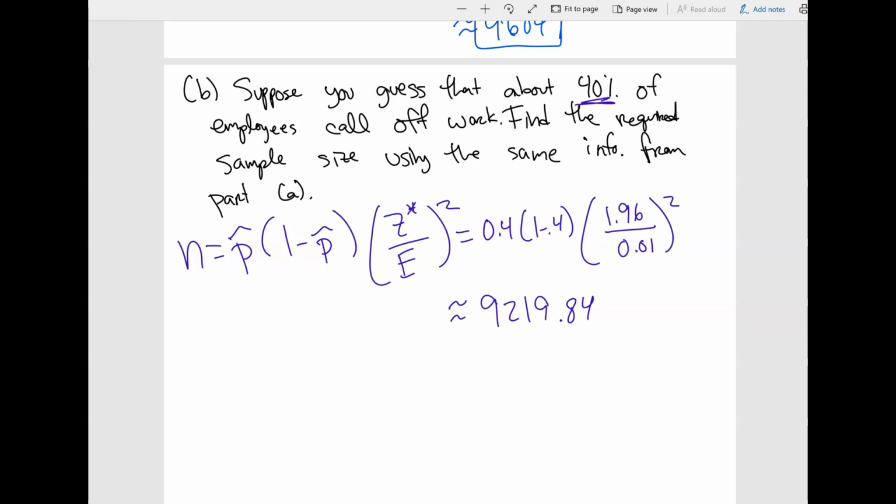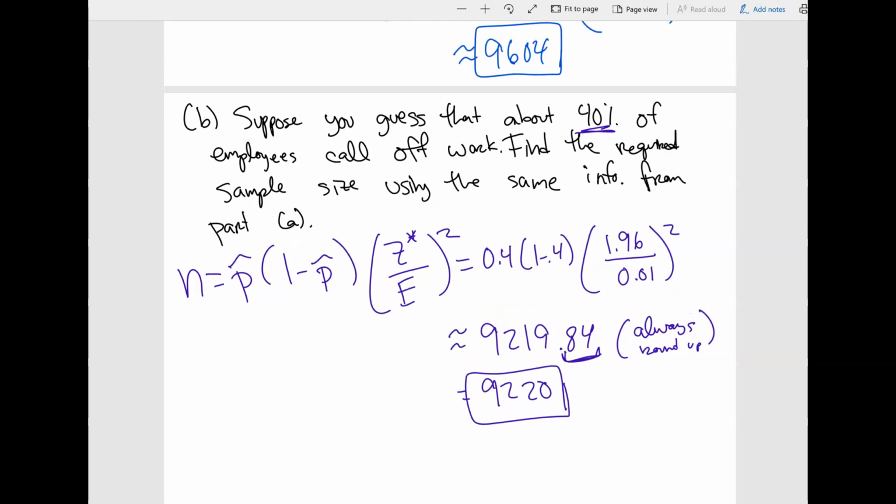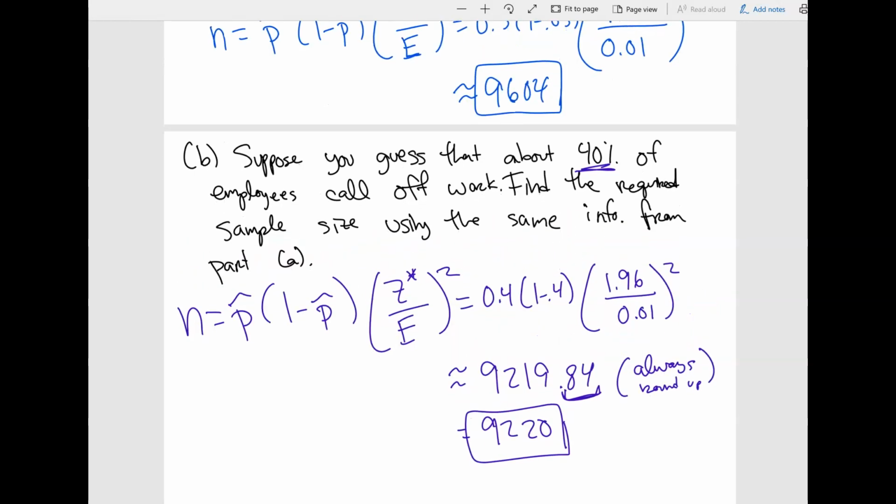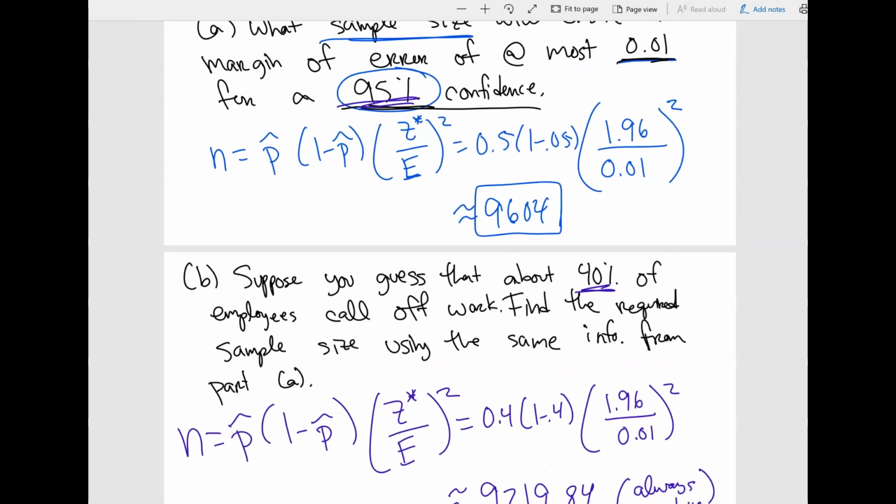Now, because we're talking about samples, you always want to round up. So even if you have a decimal here, you always round up. So in this case, this is going to be 9,220.